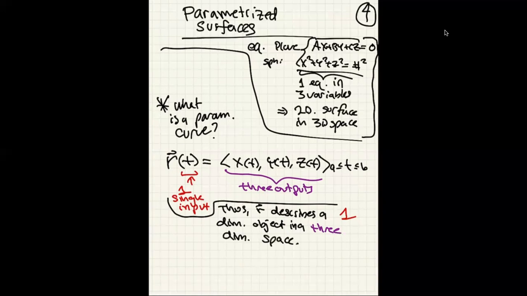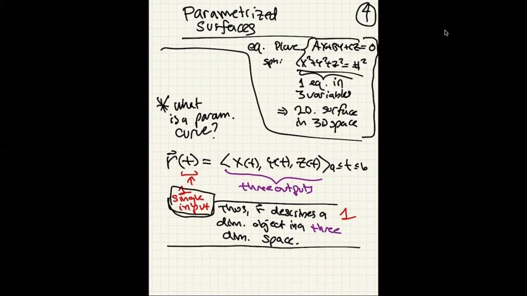So to do the same kind of thought process, to have a 2-dimensional object in 3-dimensional space, we'll have 3 outputs, but instead of 1 t input, we'll need to have 2 inputs. So instead of r of t, what we'll have is an r of uv.